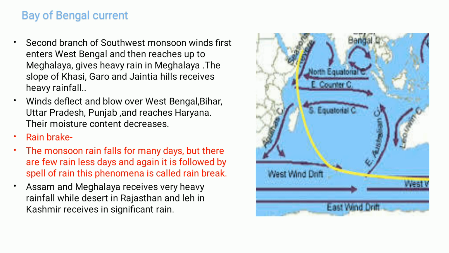As we have seen, the desert regions of Rajasthan receive less than 10 centimeter of rain. Even the Leh region of Kashmir, as the moisture-laden wind could not reach because of mountainous region, also receives very less rainfall.